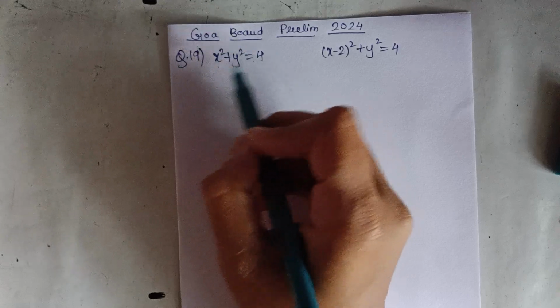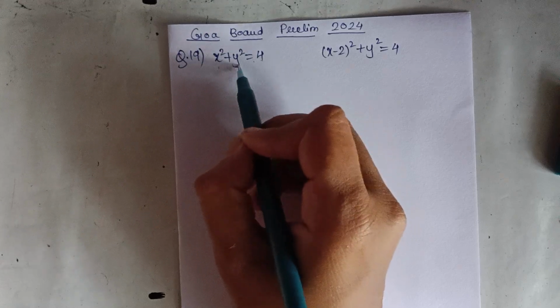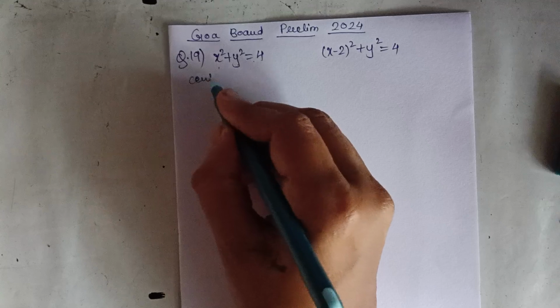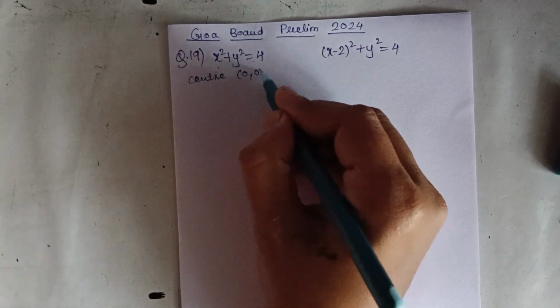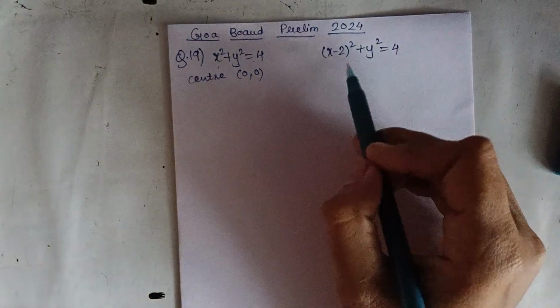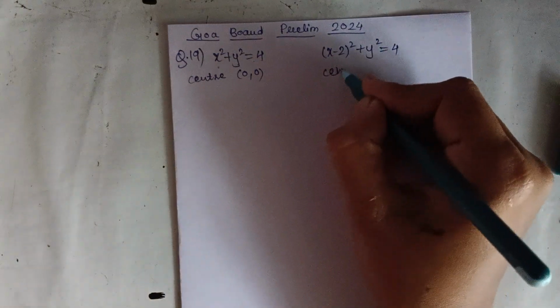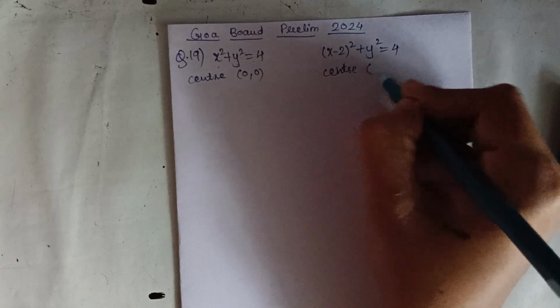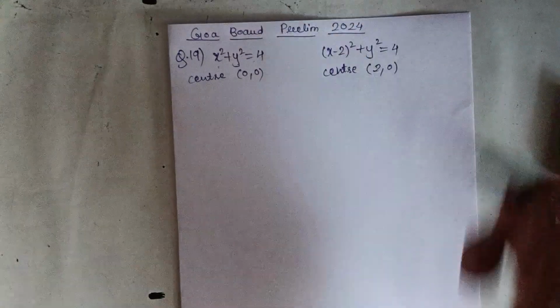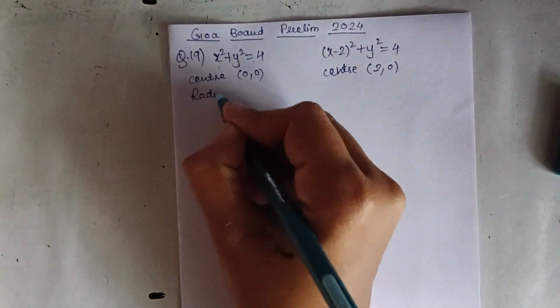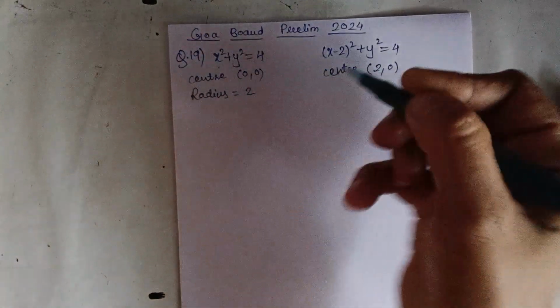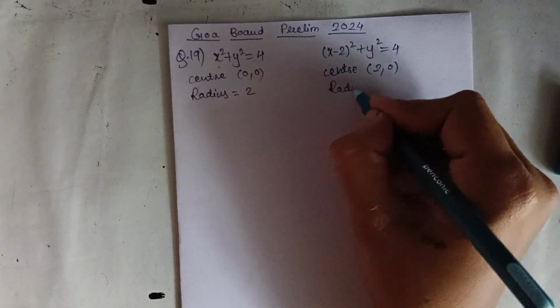So this is your center 0, 0. For this the center is, x minus 2 is given, so this is 2, 0. Then here the radius is 2 and here also it is 2.